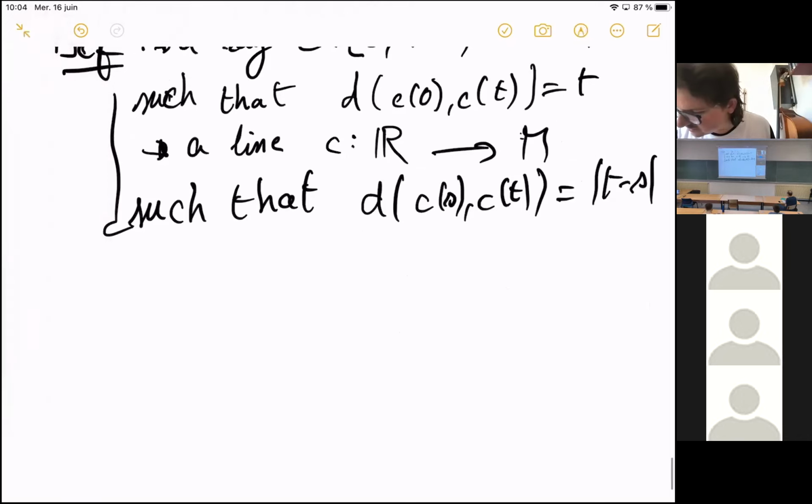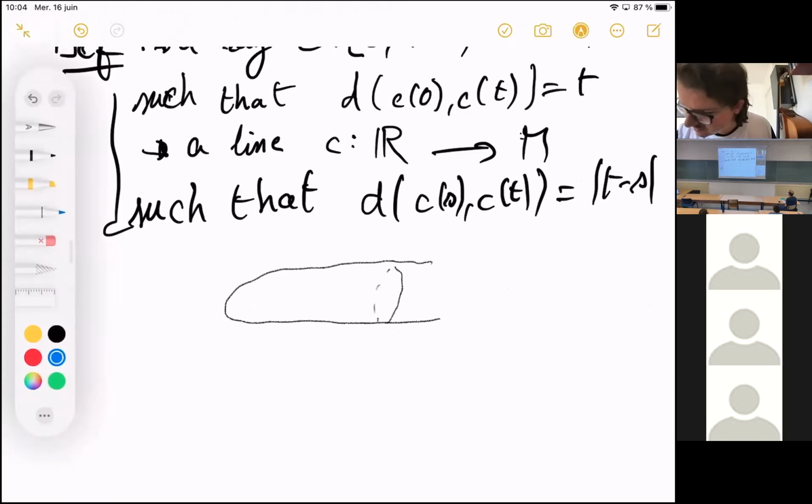Well, consider some cylinder capped off at one end. Then if you start from the tip of this surface, this will be a ray, and this will be a ray too.